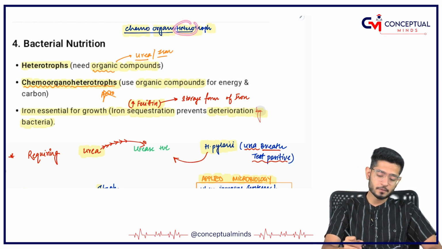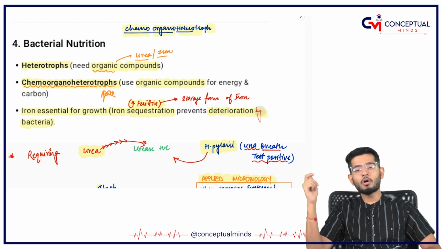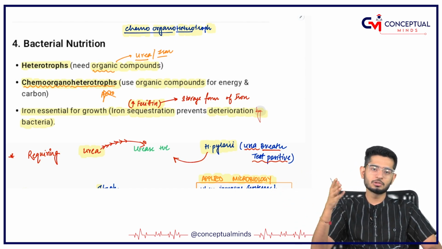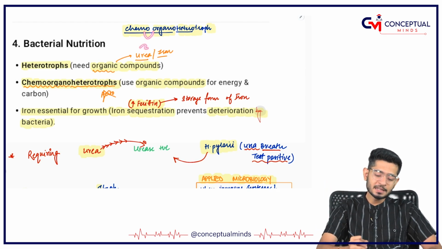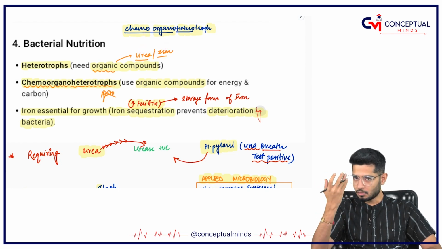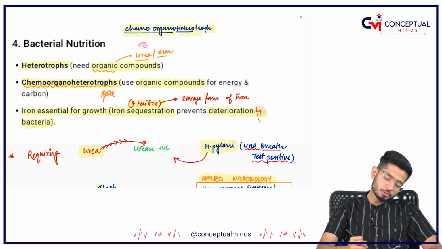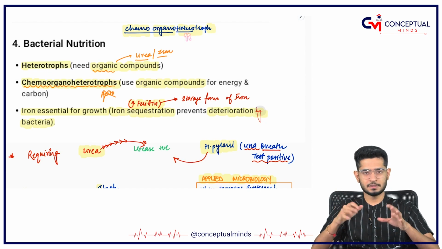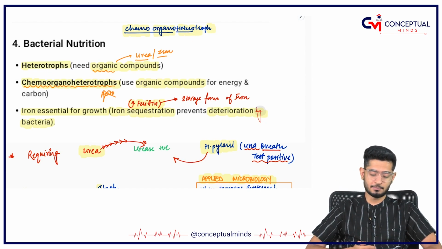No, they are heterotrophs. They use an external source for feeding. So chemicals like urea, like iron, Fe. They are not going to synthesize, they are just going to feed on them.